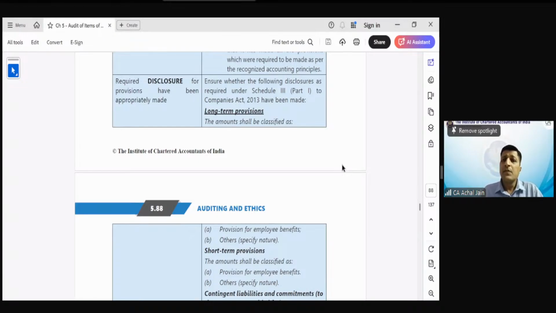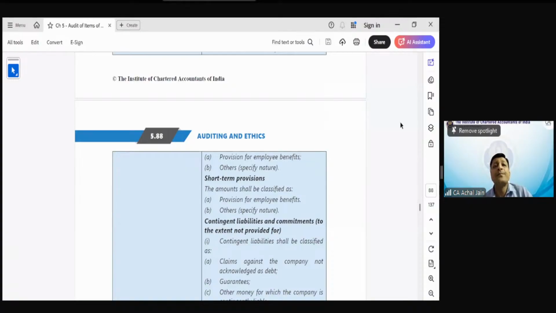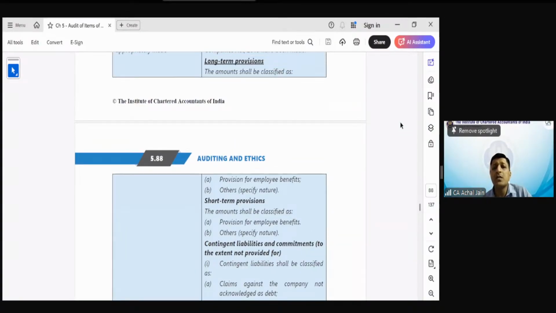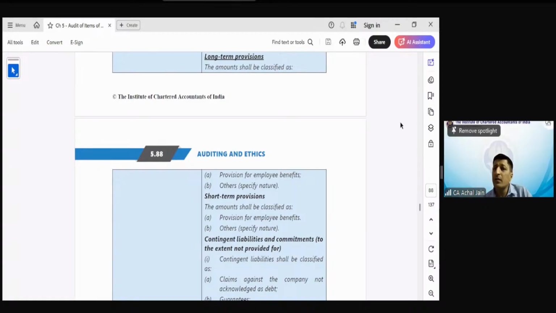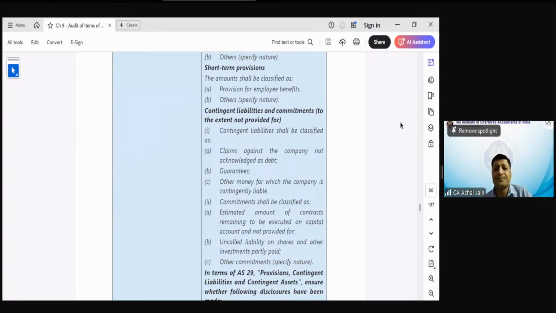Yes or no? Schedule 3 criteria. Provisions are segregated into current and non-current, meaning long-term provisions and short-term provisions. So this will have to be looked at. If at all there is a provision for employee benefits, what is there for others? That is required to be looked at.